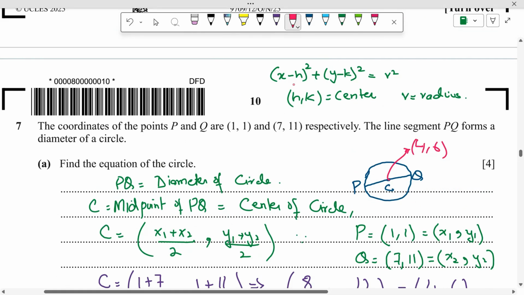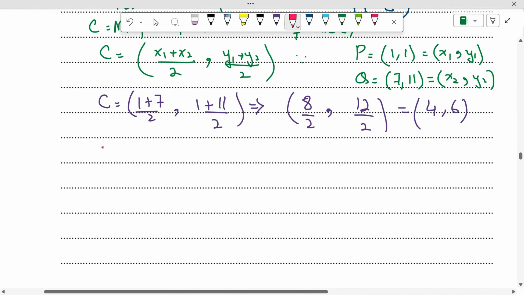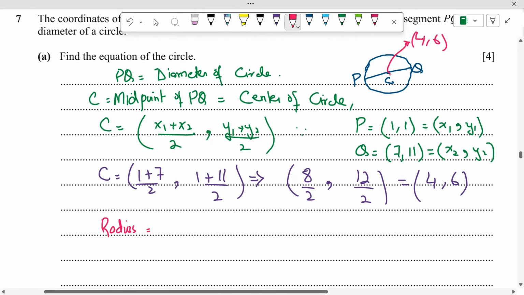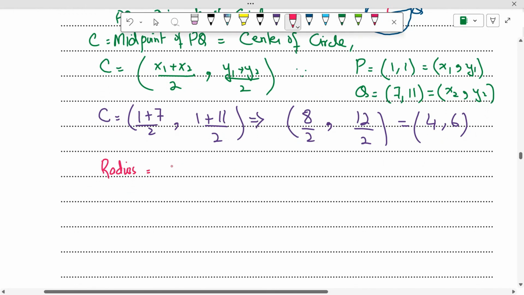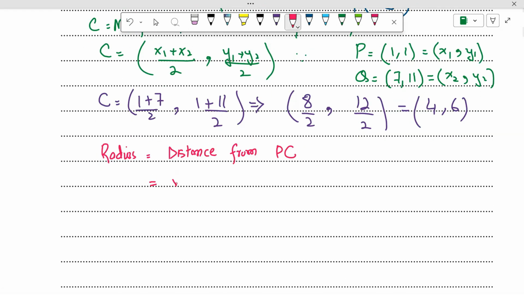Now we can find the equation of the circle, but we need information of the radius. So the radius can be found out. Radius is the distance from the center to Q or center to P, or the half of the diameter. So we can say that the radius is the distance from P to C, and the distance formula is the square root of (x2 minus x1) whole square plus (y2 minus y1) whole square.